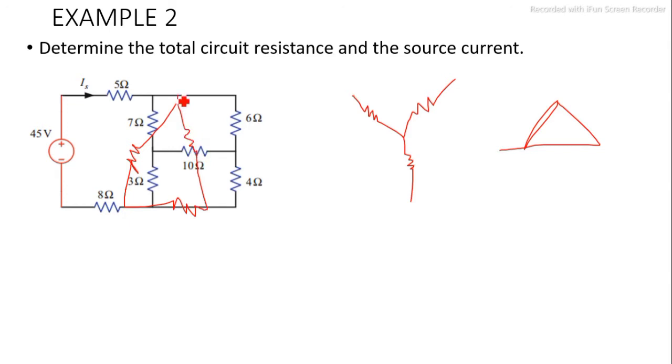So this is your delta connection, whereby this wire won't be there again, this wire won't be there again, this wire won't be there again, and this wire won't be there again.